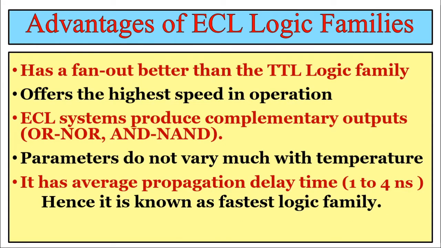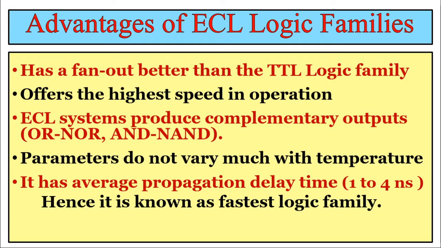Let us discuss the advantages of ECL logic families. ECL has a fan out better than the TTL logic family. That means it has a fan out of 25, which is better than TTL and less than CMOS. It offers the highest speed of operation.